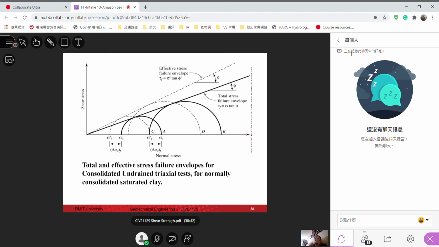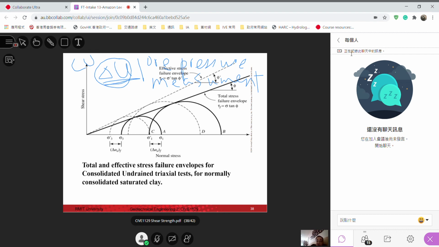But if in the triaxial test we have the pore pressure transducer, if we're doing a CU test, consolidated undrained test with pore pressure measurement, then we will measure the excess pore pressure we generate.